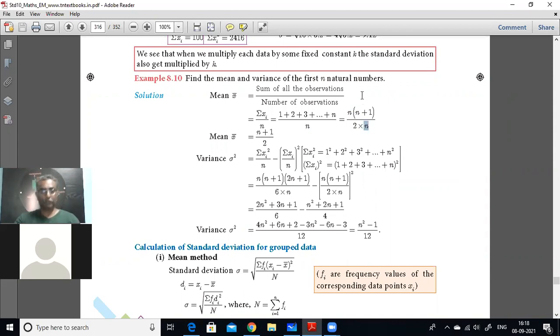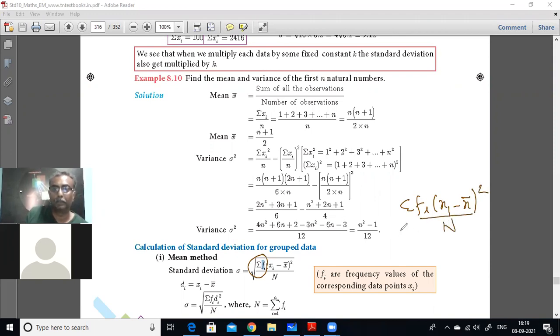Now, today we are going to see the calculation of standard deviation for group data. See, for group data, you will have f of i. So that is an additional thing that you have in group data. The formula is root of sigma f of i into x of i minus x bar the whole square by n.